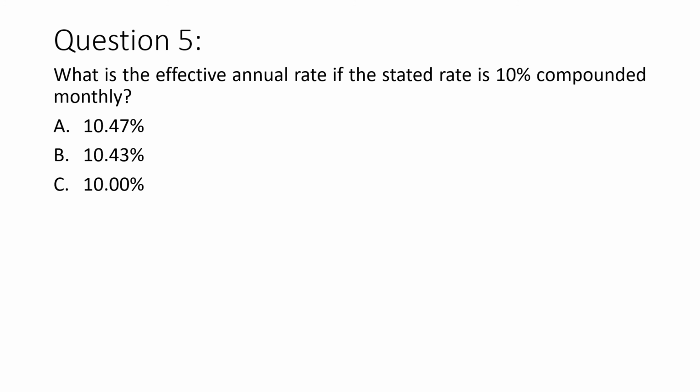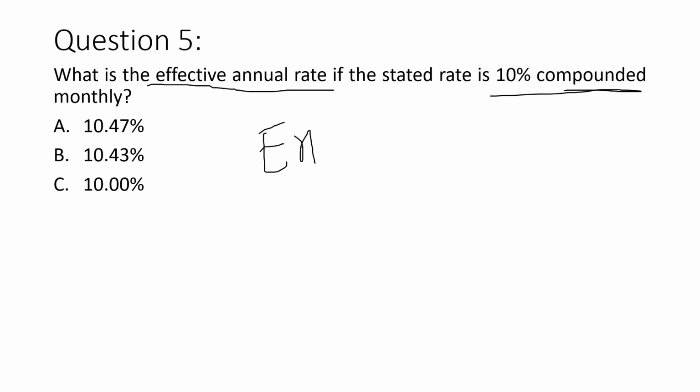Question number 5. What is the effective annual rate if the stated rate is 10% compounded monthly? What's required over here? What's required is the effective annual rate. What is given? The given is a 10% stated rate, however it's compounded monthly.